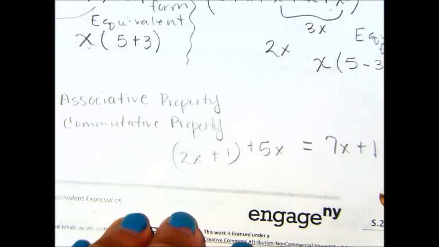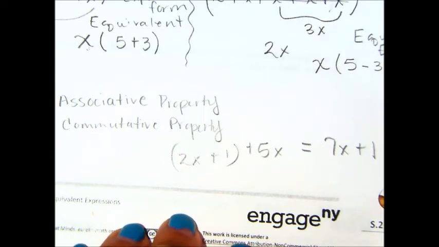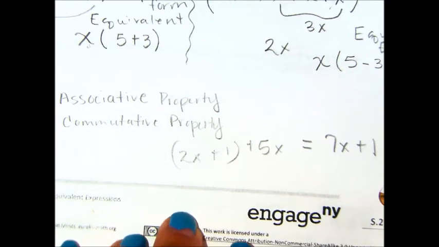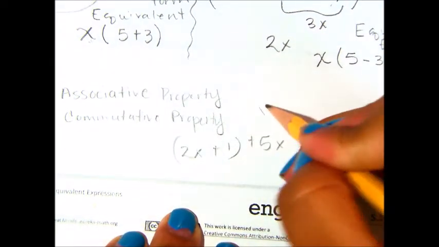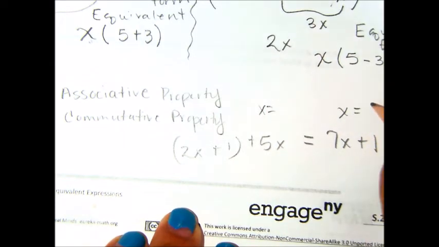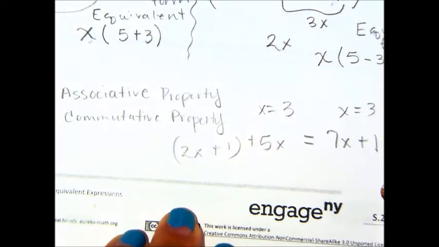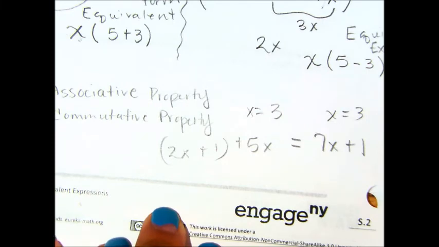I could substitute the same number for x in each of the expressions, and when I get a number on my left side and my right side, both values should be the same. Let's do that. Let's substitute the number 3 into both the left side and the right side. What is the value of both expressions when x equals 3?